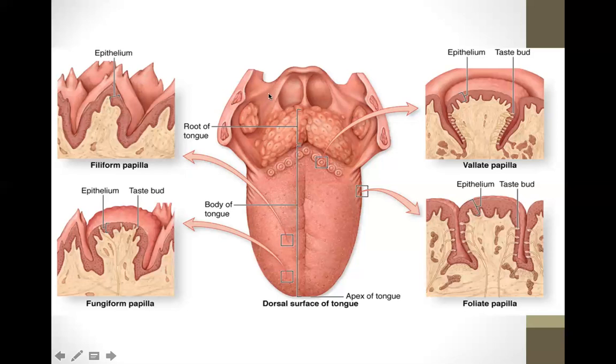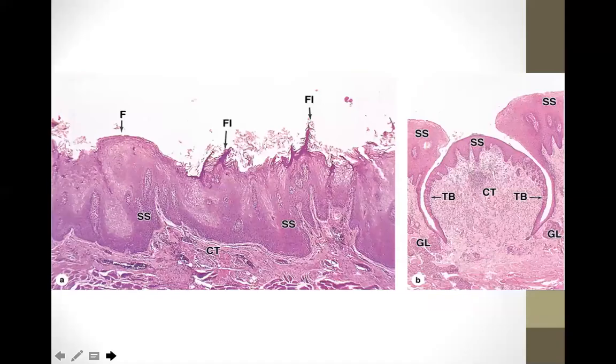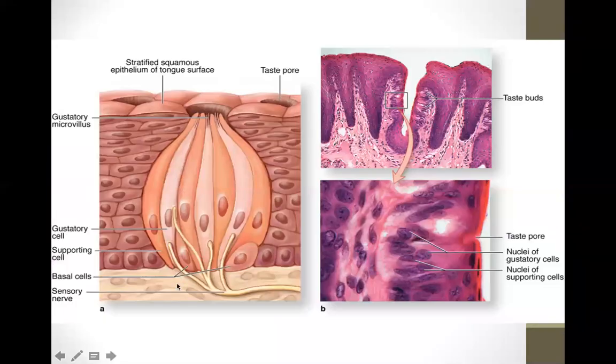Alright? So these are the different papillae, and the largest of which is the circumvallate. This is a histological characteristic of your papillae. It's stratified squamous. This is actually the connective tissue, and if you notice, these are the taste buds.